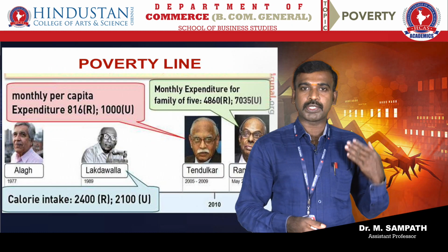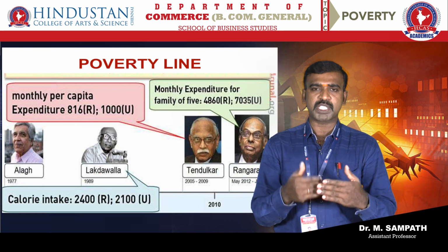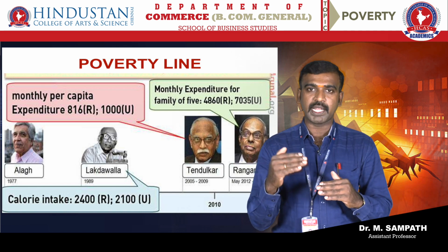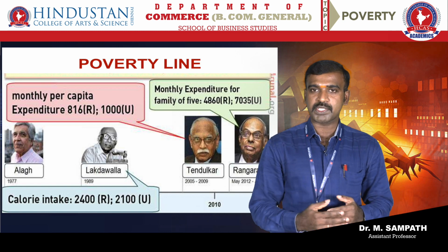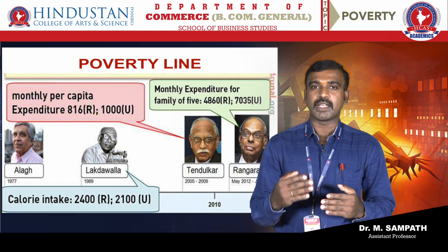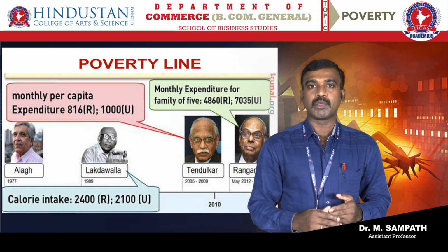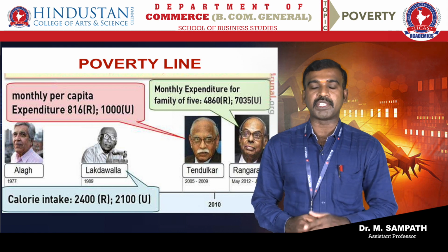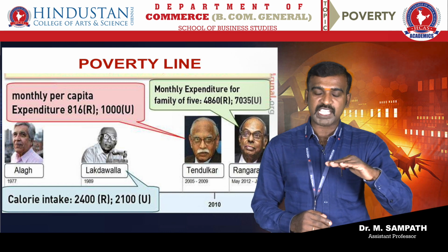Then this slide shows you the poverty line. For measurement of poverty, a line has been fixed, with above the poverty line and below the poverty line mentioned. Eminent persons create the poverty line. According to Tendulkar, monthly per capita expenditure is 816 in rural areas and 1000 in urban areas.